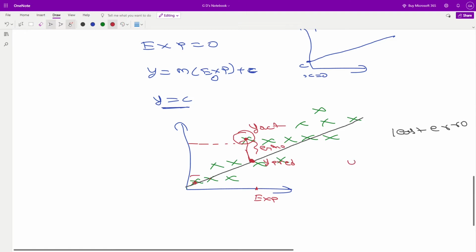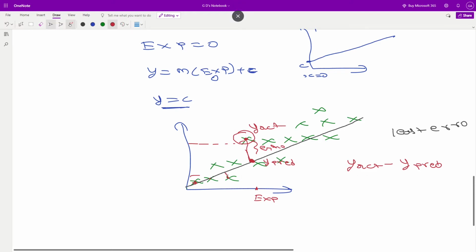The error value will be your Y actual minus Y pred. You are finding out how much your actual point in your data set, the green point, deviates from the point on the line, which is called Y predicted.